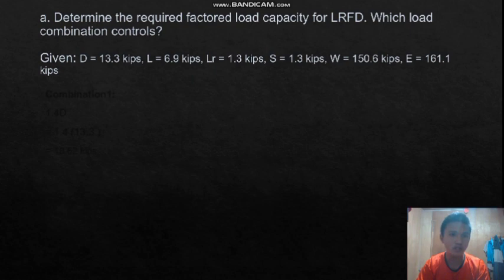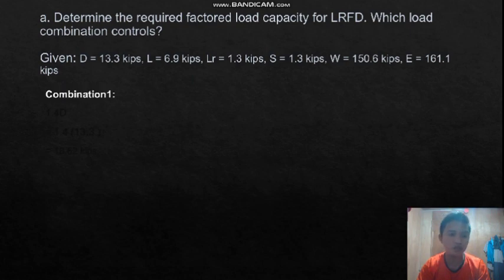For sub-question A, determine the required factored load capacity for LRFD and which load combination controls. Given data: D is equal to 13.3 kips, L equals 6.9 kips, LR or the roof live load is equal to 1.3 kips, snow load is equal to 1.3 kips, wind load 150.6 kips, earthquake load 161.1 kips.